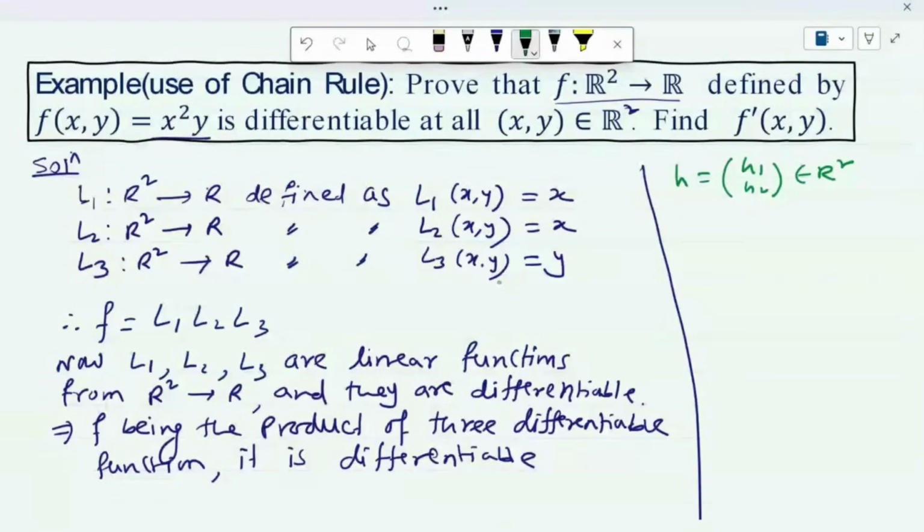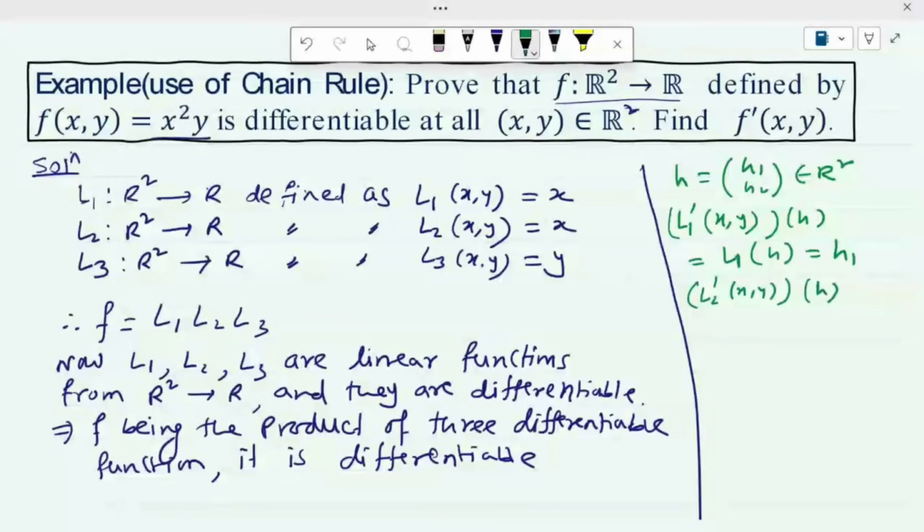Since L1 is linear, we have L1 dash (x, y) operating on h is equal to L1(h), which is equal to h1. In a similar way, L2 dash (x, y) operating on h is equal to L2(h), which is equal to h1, and L3 dash (x, y) operating on h is equal to L3(h), which is equal to h2.